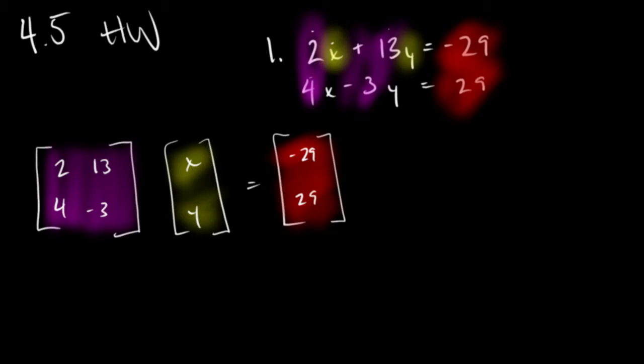Now, here is the kicker. Here's how you actually solve. The idea is you're trying to get that by itself. That's the whole goal. You want to get this matrix by itself.